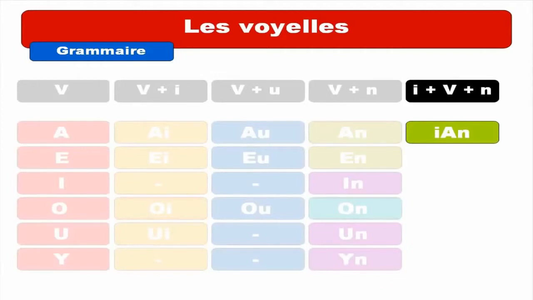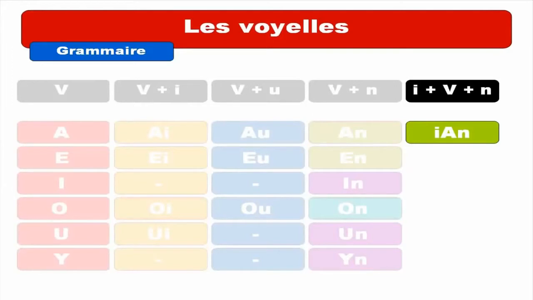Next category, so I plus voyelle plus N. Okay? So in this case, the voyelle is still in capital letter, but of course it shouldn't be like that. It's just to show you that it's there. So it's yan, yan. So this I in front gives you the y sound. Okay?